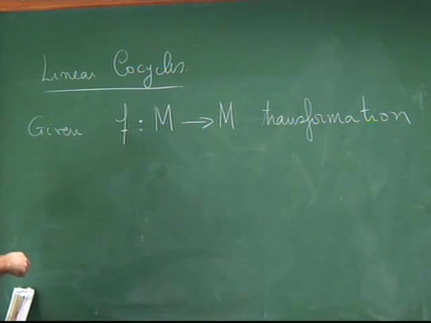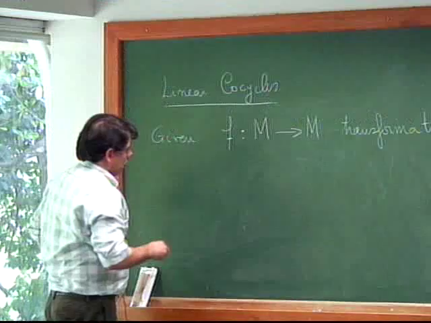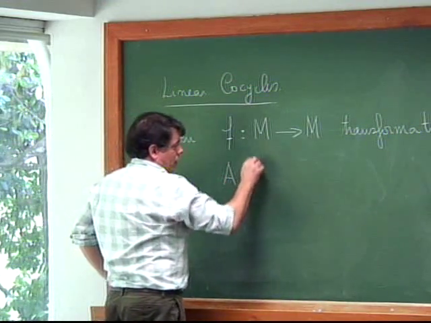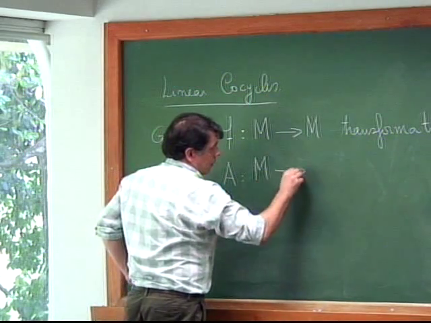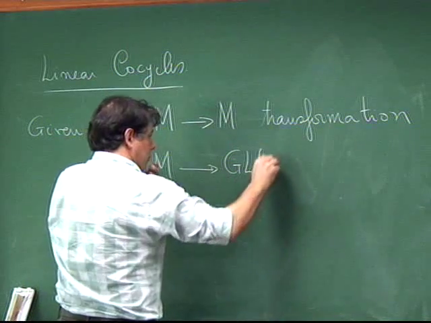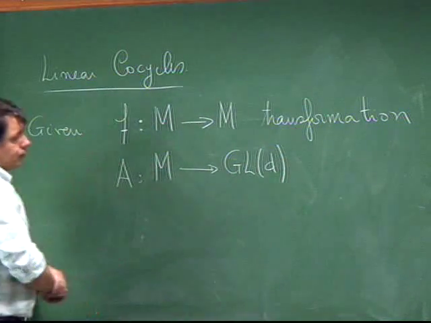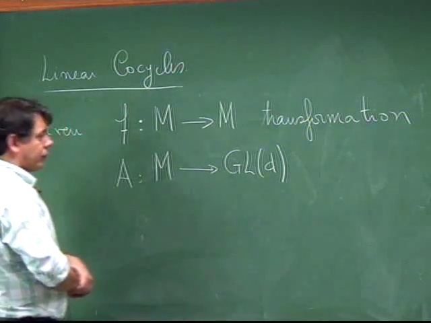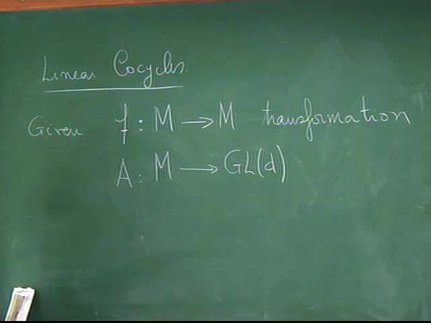So this is one of the data, and the other data is a function from M to the space of D by D invertible matrices.